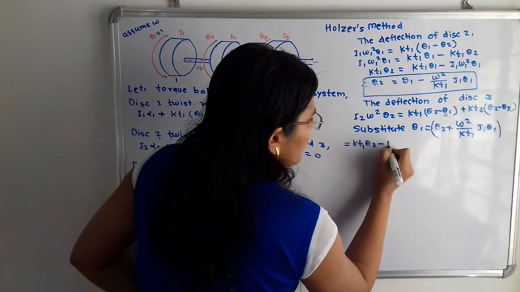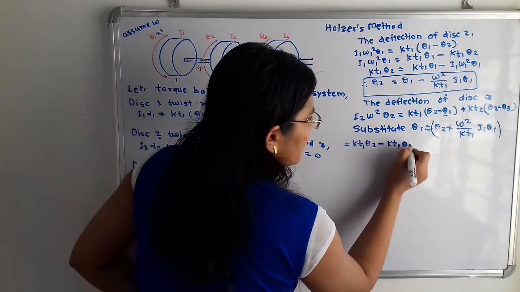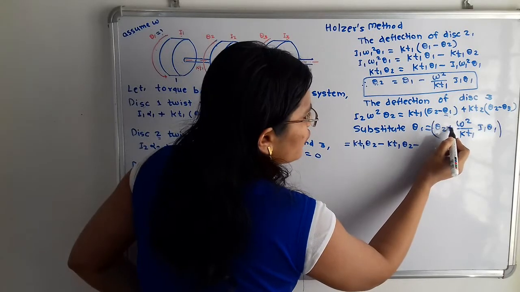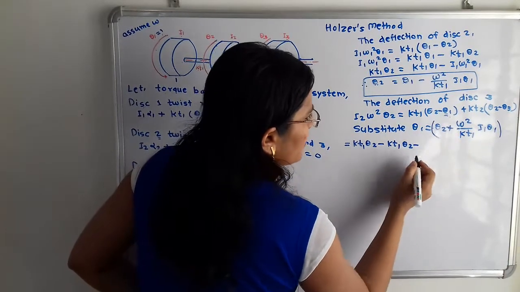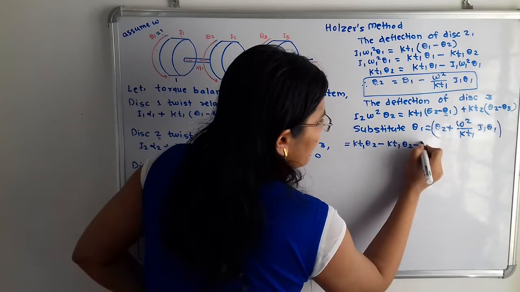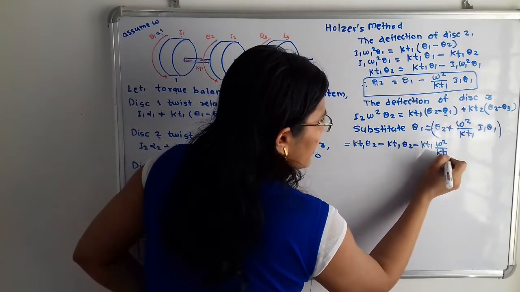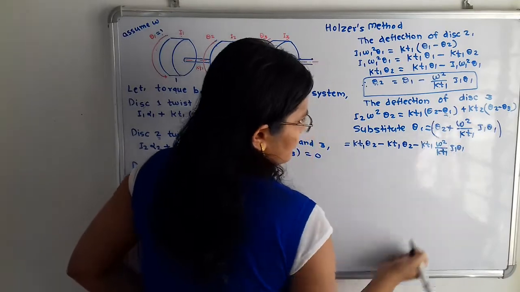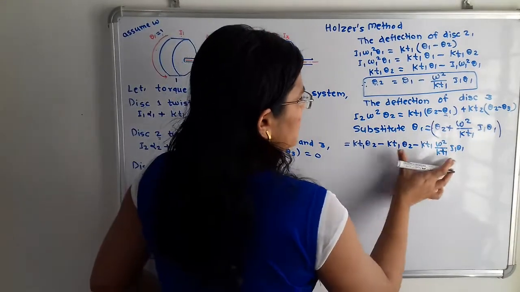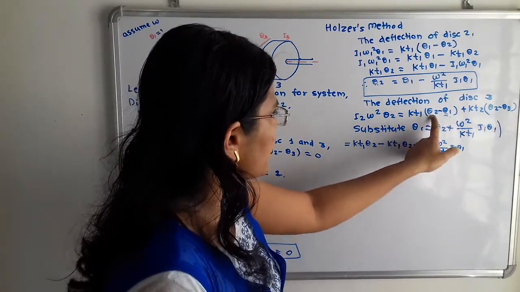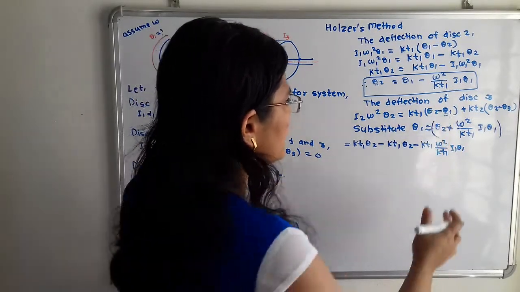That is kt1 theta 2 minus, because here is the minus sign, so if we multiply inside then it will become minus, again multiplied with this kt1 omega square by kt1 I1 theta 1. So this is the simplified form, that is kt1 theta 2 minus theta 1. This is the simplified form.